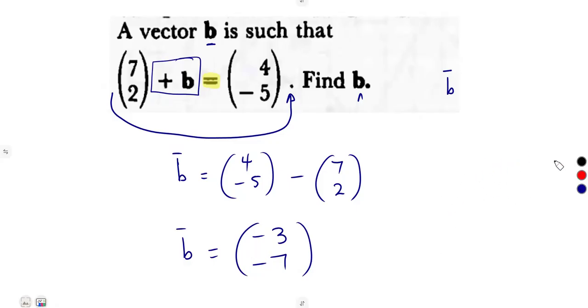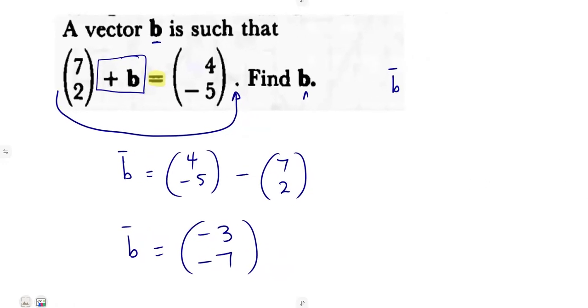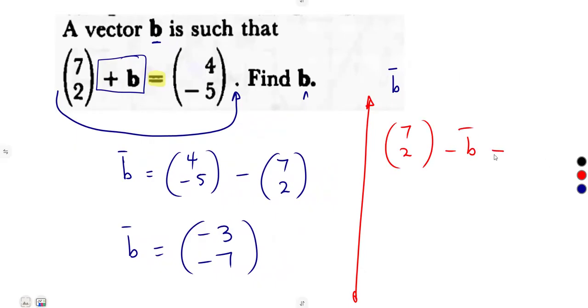Just like that. So meaning to say, if it was a negative on the vector B, 7, 2 minus vector B is equal to 4 minus 5, and you're being asked to determine or to find vector B. Avoid working with a negative. We can avoid that. How do we avoid it?